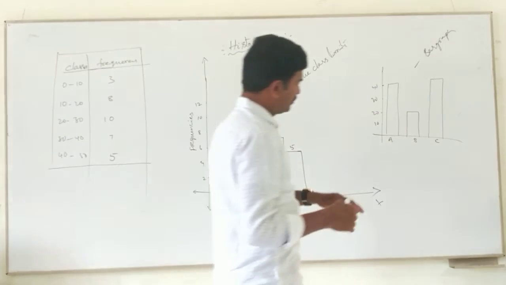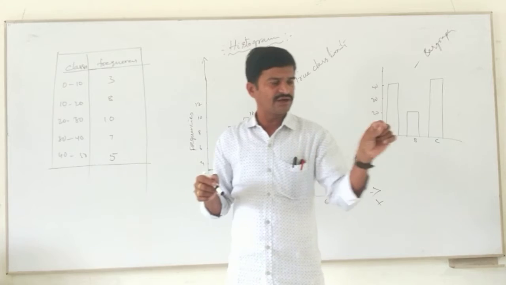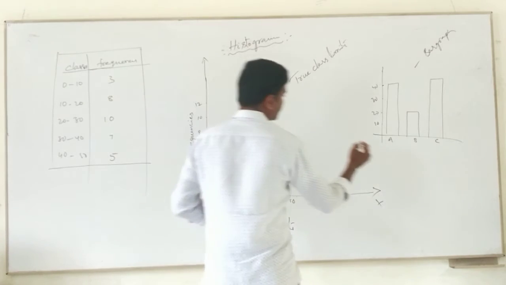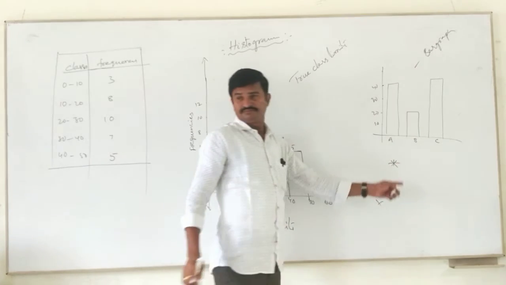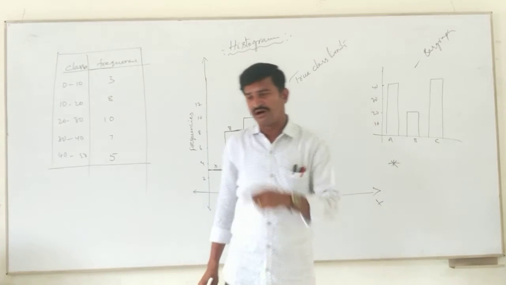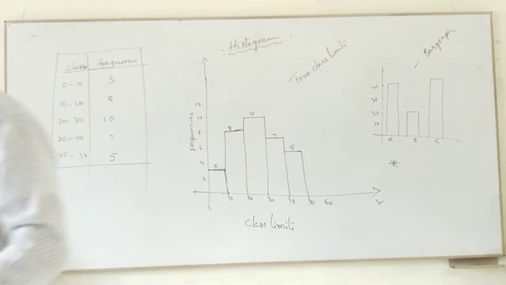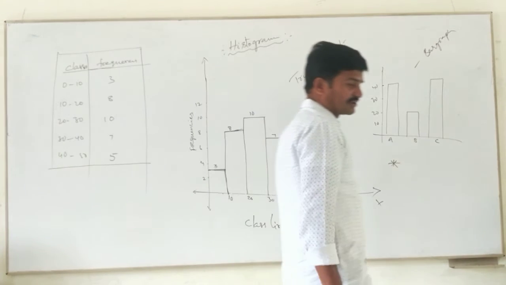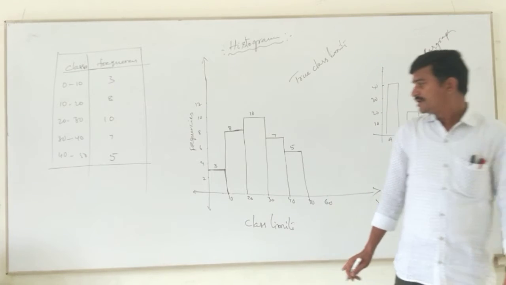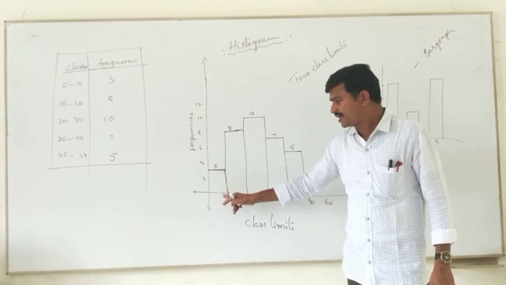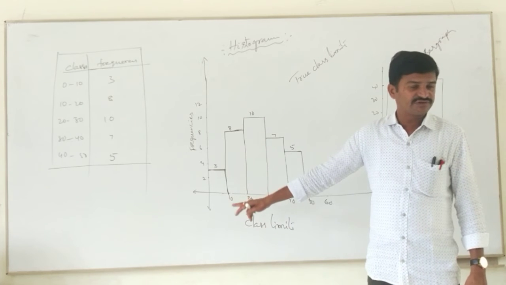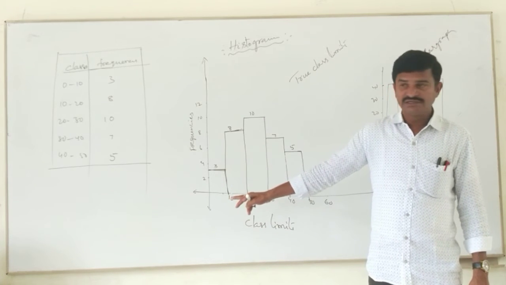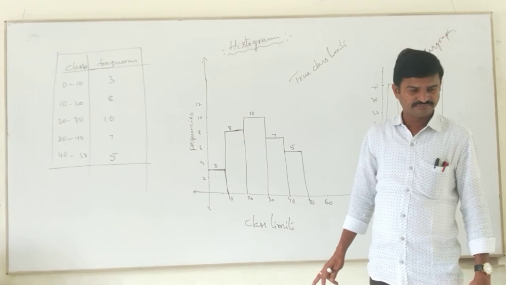Note it down. You can write. Keep a star and write, point wise. In a histogram, the width of all the bars is same.